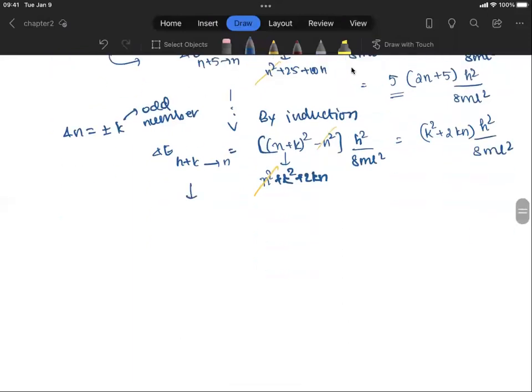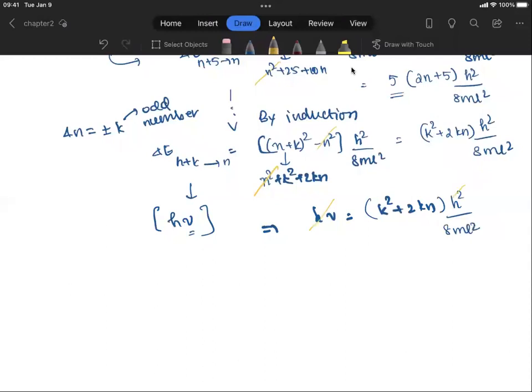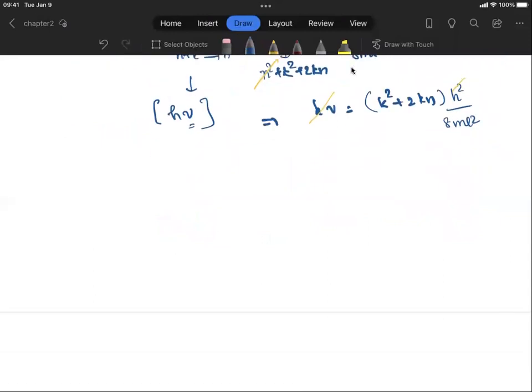Now, this is the transition of a photon corresponding to frequency nu. The energy can be written in terms of that as delta E equal to h nu. So that implies h nu is going to be k squared plus 2kn, times h squared over 8ml squared. I'm going to cross out an h because that's common.